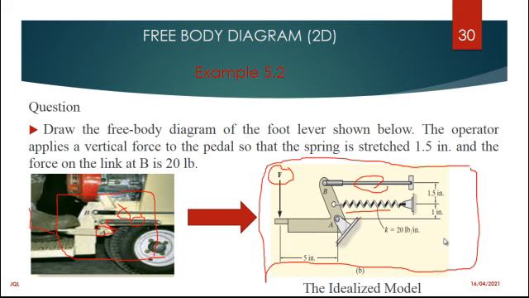Then the angle which moves from A to B is also represented as that A to B. Now, how do you draw this free body diagram? That is the first thing that you need to look at.